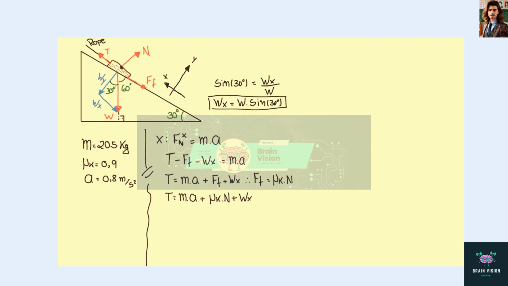Then the tension force is the mass times the acceleration plus mu k times the normal force plus the weight force times the sine of 30 degrees. And the weight force, we know, is given by the mass of the log times the acceleration of gravity.